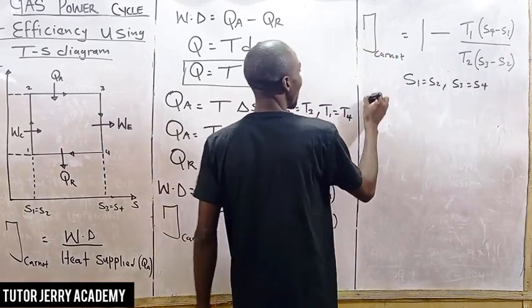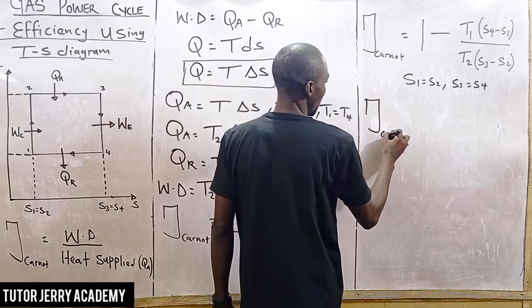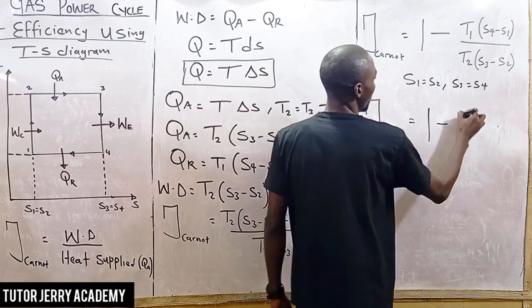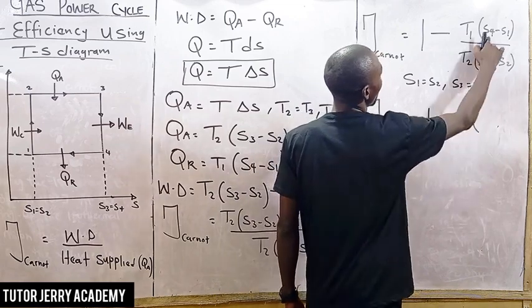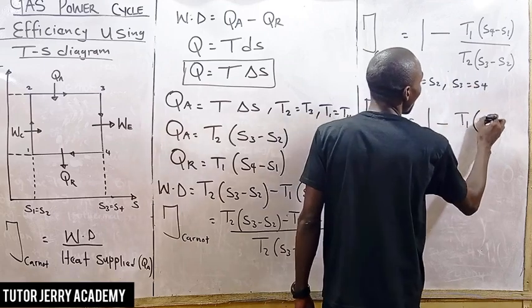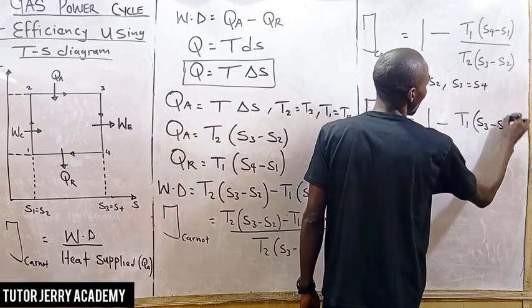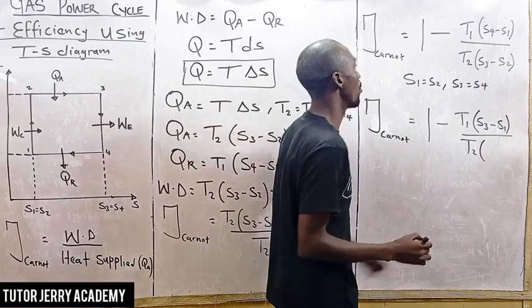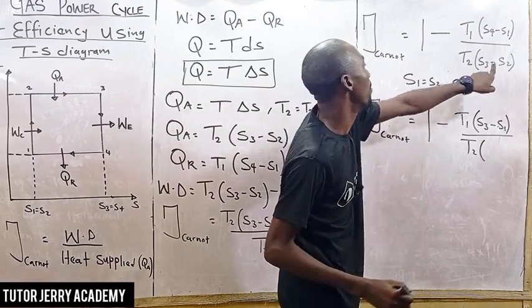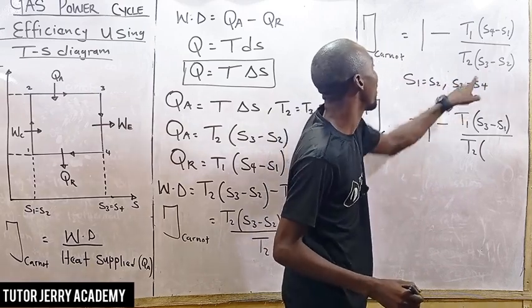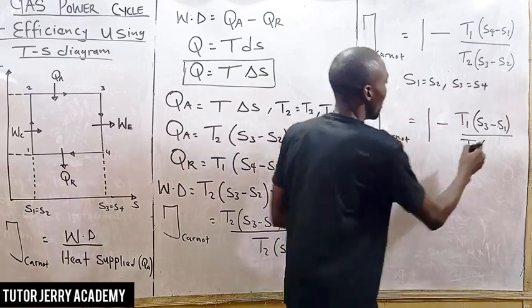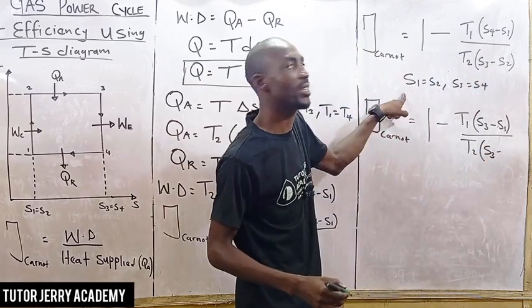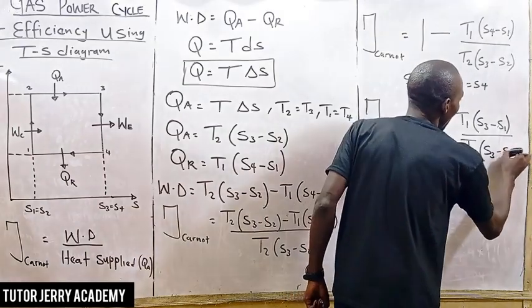So we can have our Carnot efficiency equal to 1 minus T1 into S3 minus S1, all over T2 into S3 minus S2, and our S2 is equal to S1.